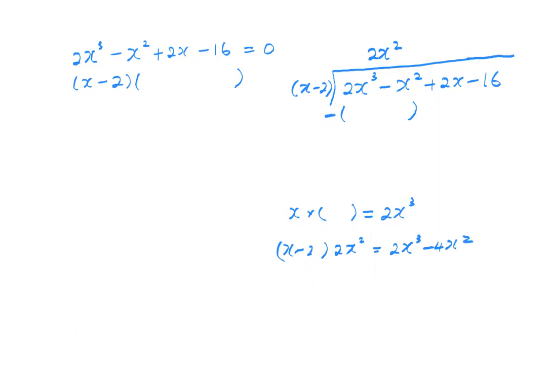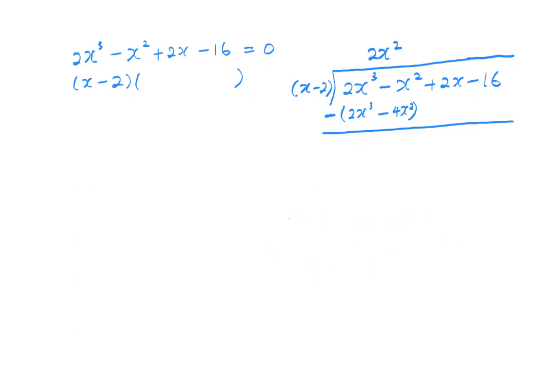So you write down 2x cubed minus 4x squared, and now you subtract. It's exactly like the long division you learned in standard 2 or standard 3, but now you are doing algebra. So 2x cubed minus 2x cubed, you get 0. Negative x squared minus negative 4x squared, you get 3x squared.